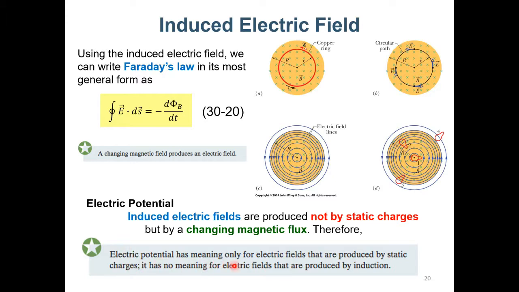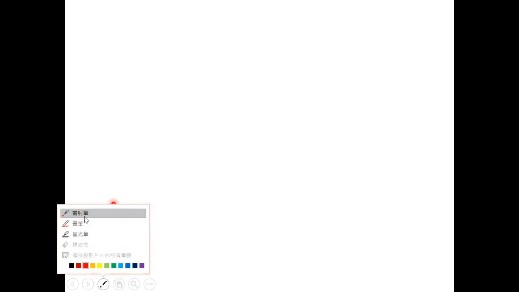Electric potential has meaning only for electric fields that are produced by static charges. It has no meaning for electric fields that are produced by induction, because you cannot use the idea of electric potential. Because when you run a circuit analysis, you have something like this.